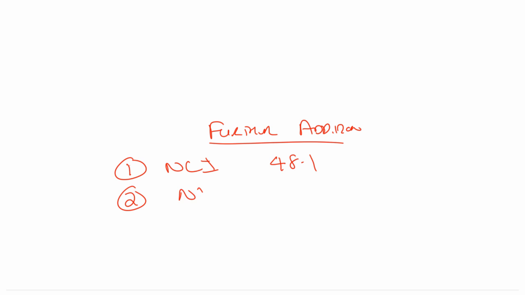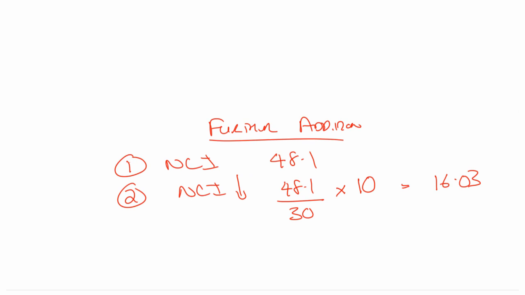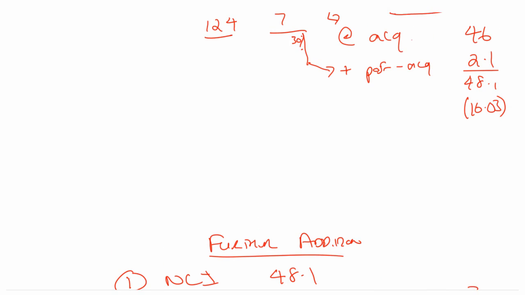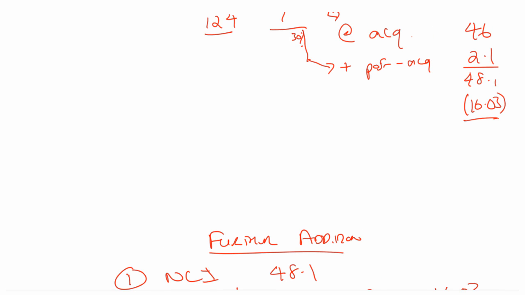Then calculate the fall in NCI, which is the 48.1, you divide it by what that stands for, which is 30%, and you times it by how much it's going to fall by, which is the 10% further addition. And if you do that, it comes to 16.03. So NCI has gone down, we just acquired 16.03. So the NCI at the year end then would be 48.1 minus 16.03, 32.07, that would be your NCI.